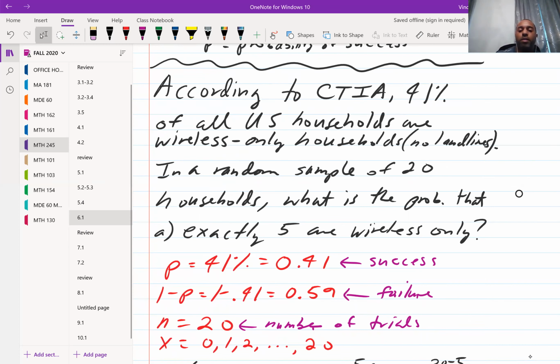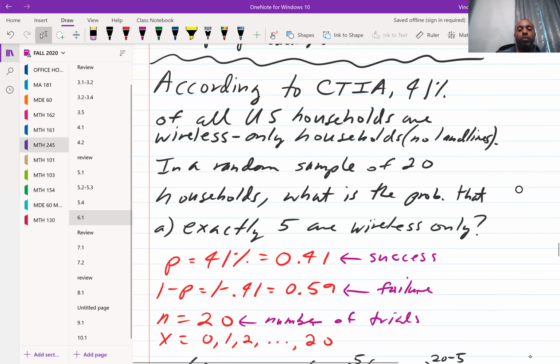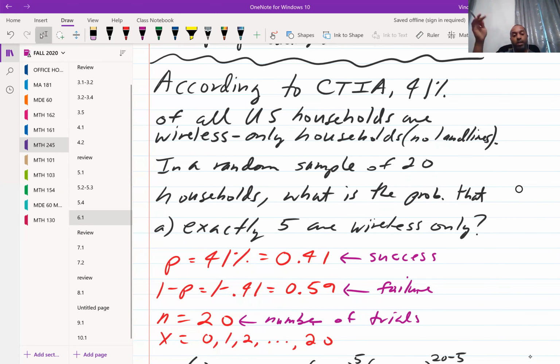And X goes from 0 to 20. Remember, X always goes from 0 to N. 0 means out of the 20, you didn't find any that were wireless only. 20 means that every household you chose was a wireless only household.